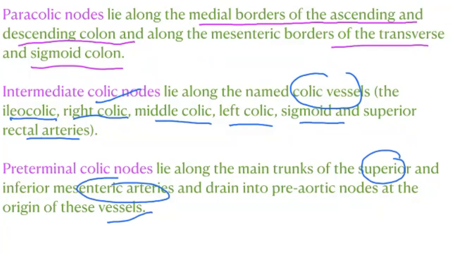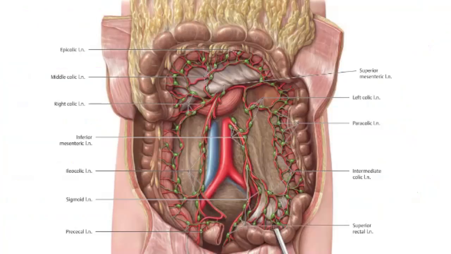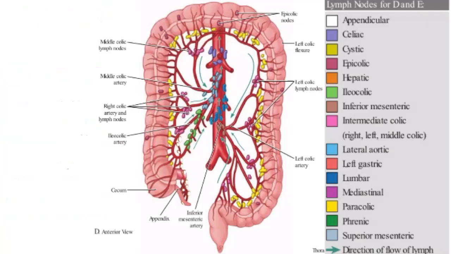So these are the different nodes. So this is most useful, right? So these yellow things along the medial border of the colon are paracolic, right? Paracolic.